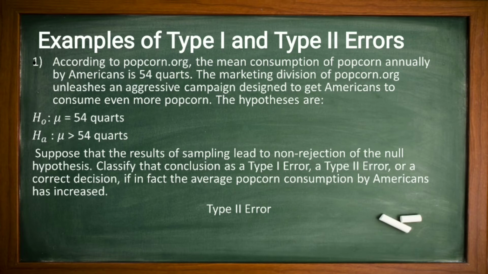Okay, so yan po, ang sabi po is the results of sampling lead to non-rejection. Ibig sabihin po, nagkaroon po doon sa ating possible outcomes ng test, nagkaroon ng failure to reject the null hypothesis.